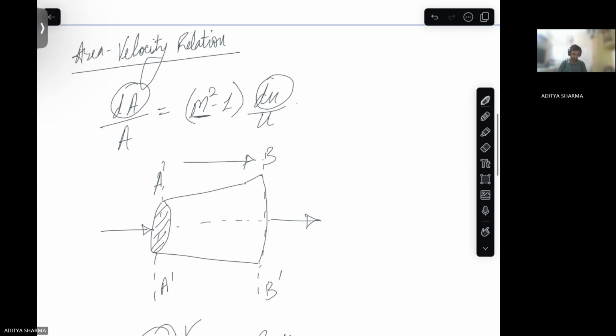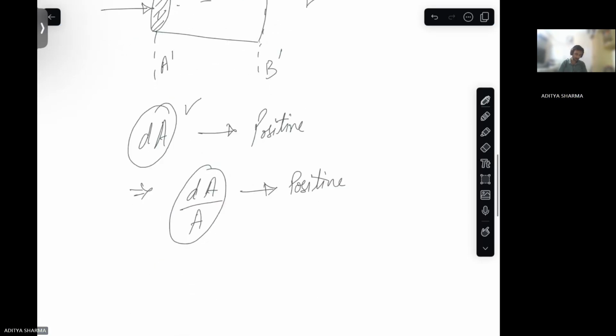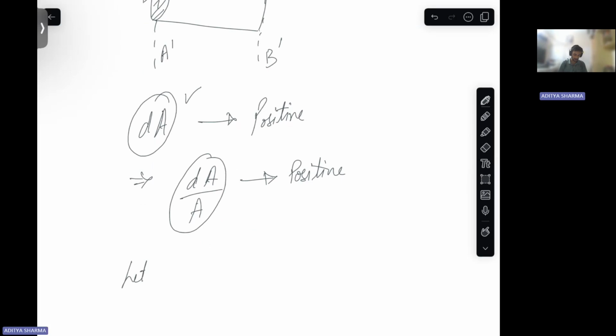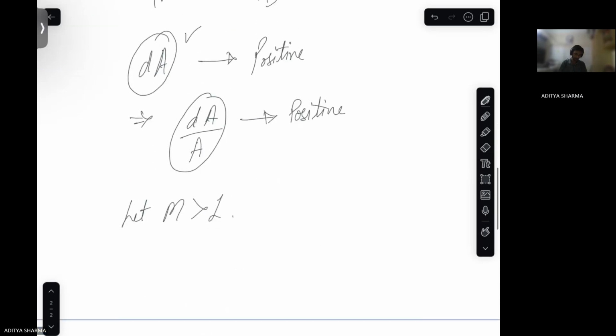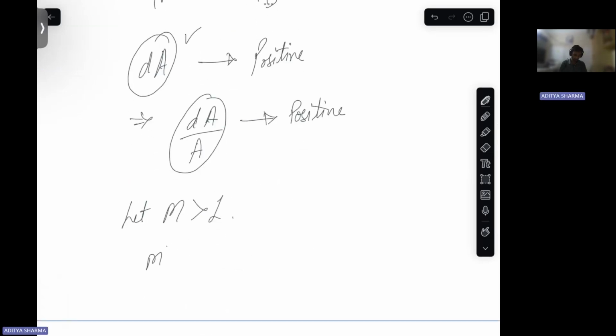So if your Mach number is greater than 1, let's say your flow is supersonic, let M be greater than 1. In that case, your M squared minus 1 is what? Positive.